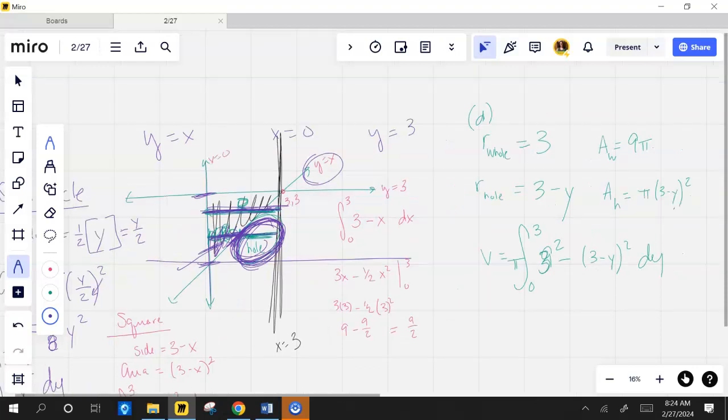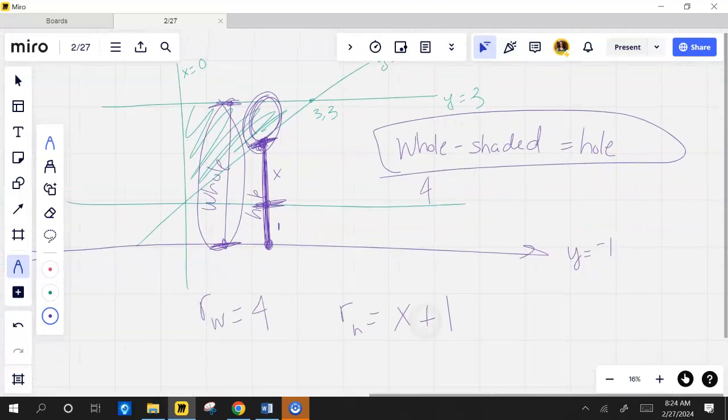No, it's W minus okay. When we do the area, yes, but remember you can't subtract the radii that way because you're not working with circles.